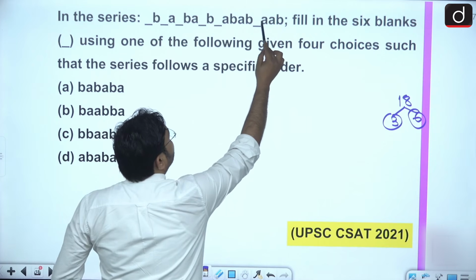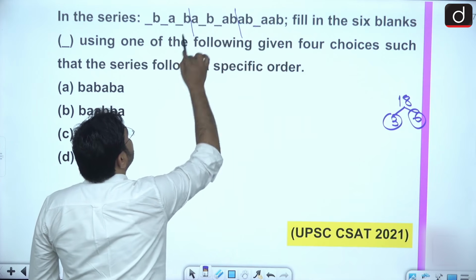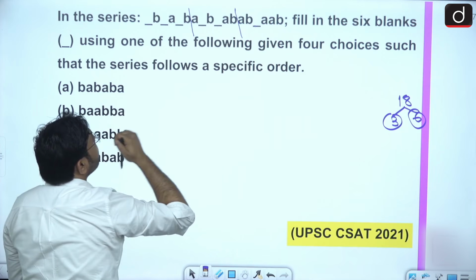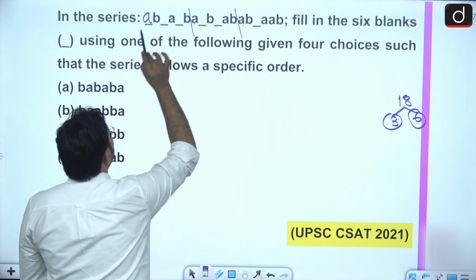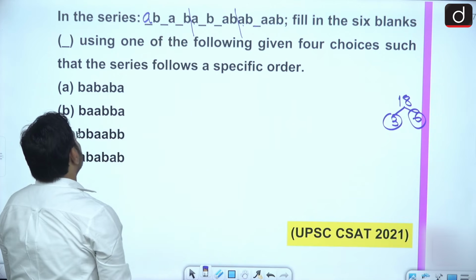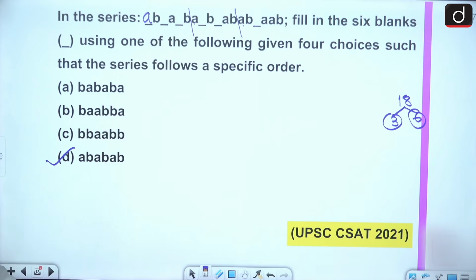So 1, 2, 3, 4, 5, 6, 1, 2, 3, 4, 5, 6. The first letter is A here. First letter is, so starting with, अब तो कुछ करना ही नहीं. Simple it is.